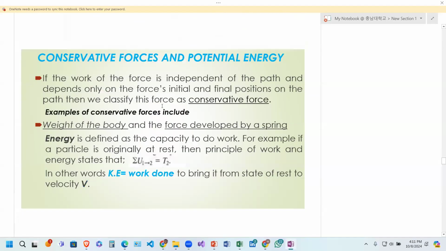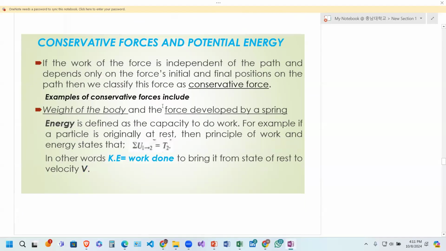Okay, so let's look at conservative forces and potential energy. So if the work of the force is independent of the path and depends on the force's initial and final position on the path, then we classify this force as a conservative force.